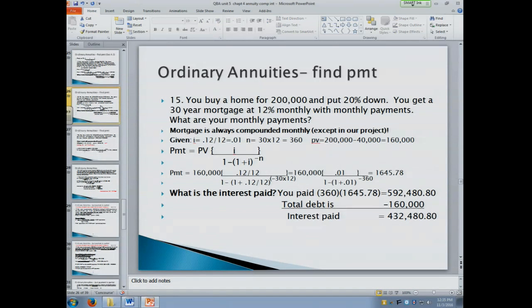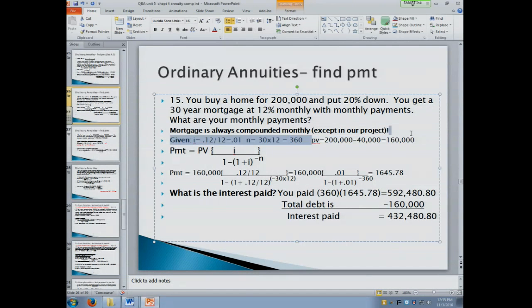So, you're going to get a 30-year mortgage at 12% monthly with monthly payments. What are those monthly payments? Mortgage is always compounded monthly. In our project, it will also. So, calculate I, N, present value again.